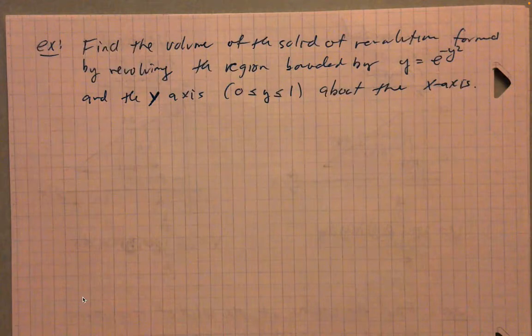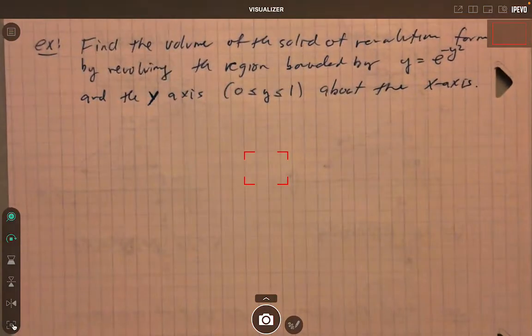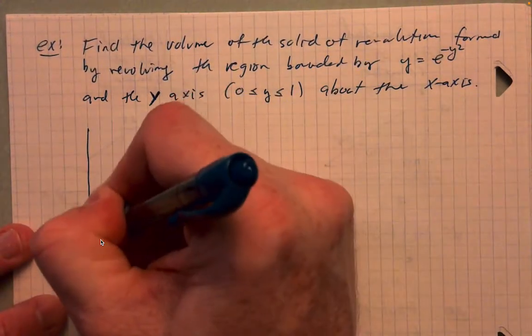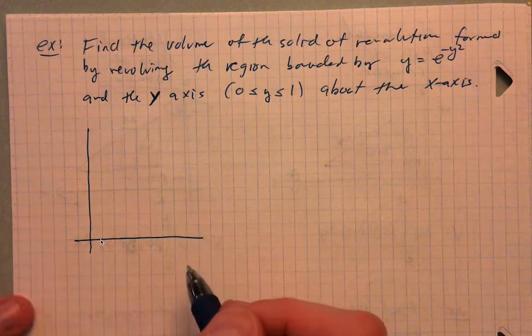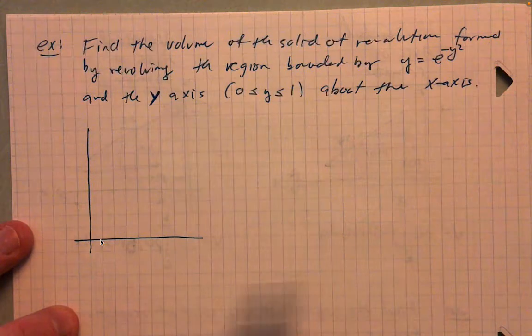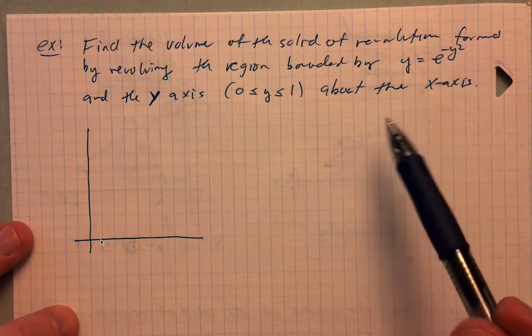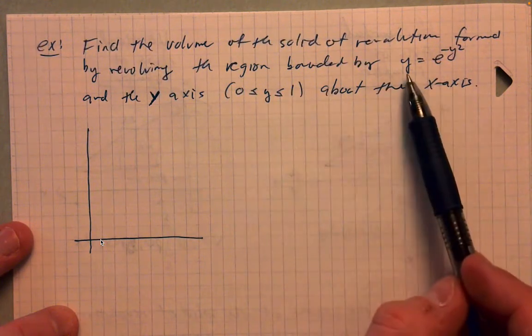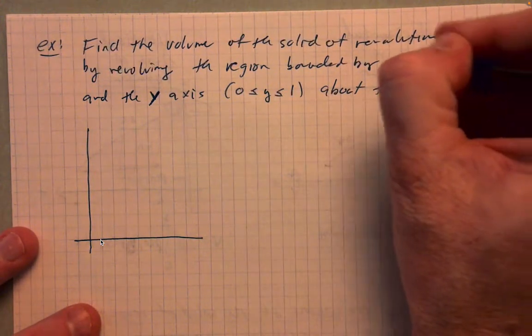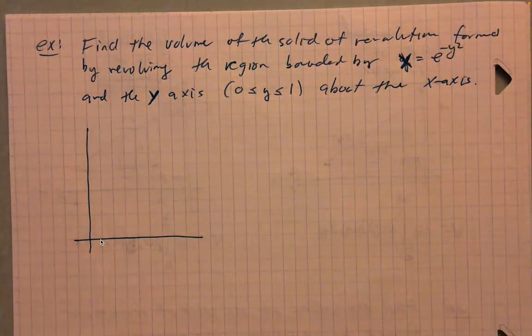So find the volume of the solid of revolution formed by revolving the region bounded by x equals e to the negative y squared and the y-axis about the x-axis. Okay, so let's plot this. Always plot them first. I think this should say x equals, sorry, typo there.